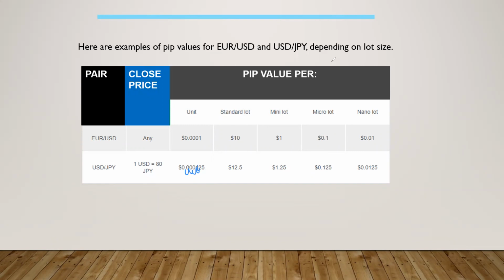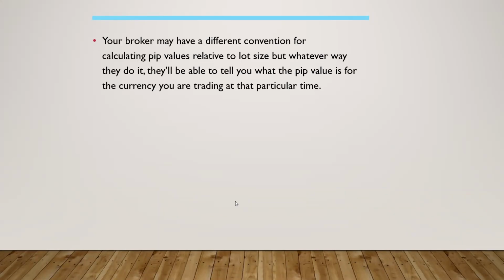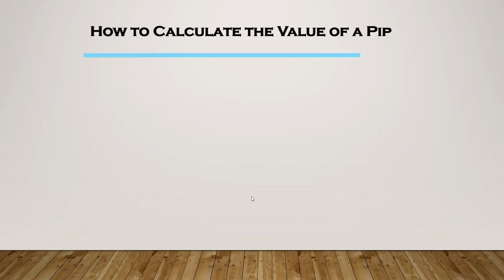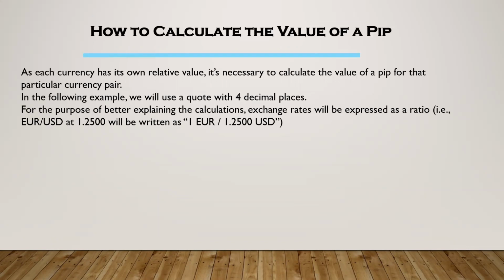All right. So these are things you need to keep in mind. Then you may have a different conversion. Sometimes brokers have different conversion rates according to their lot size. So it's left for you to find their conversion rate and calculate it so that you know your pip value.